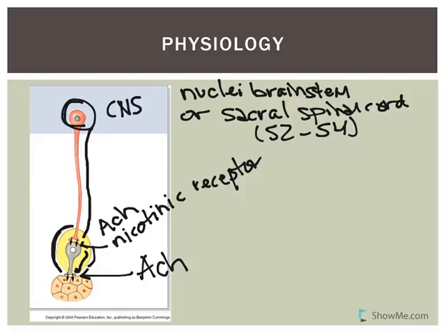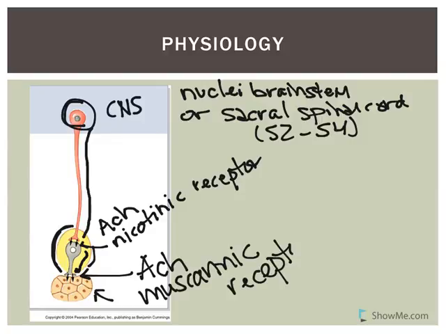But the difference is the receptors found on these targets are going to be muscarinic receptors, which are G protein coupled receptors. And there are multiple subtypes of muscarinic receptors, like when we looked at the adrenergic receptors. That's why you can have various effects on targets. They could be excitatory or inhibitory depending on what particular muscarinic receptor is involved.